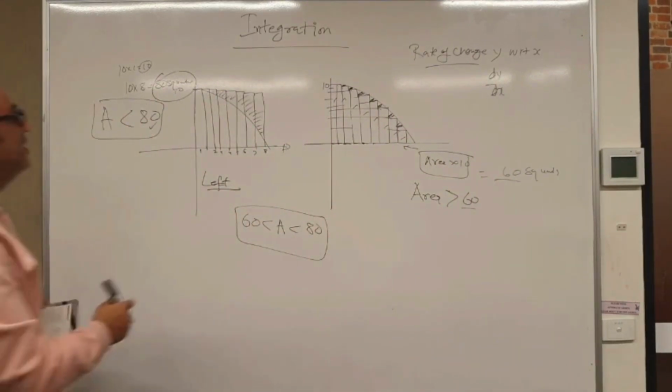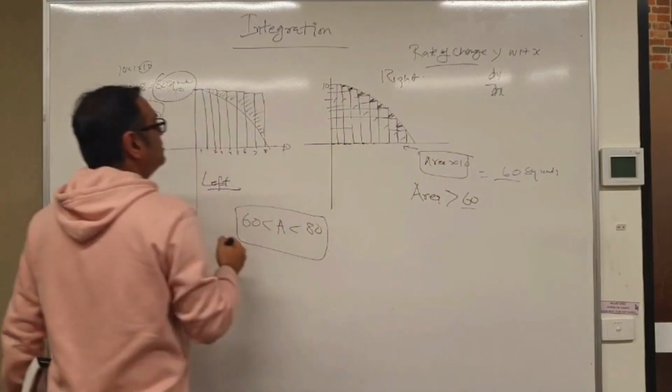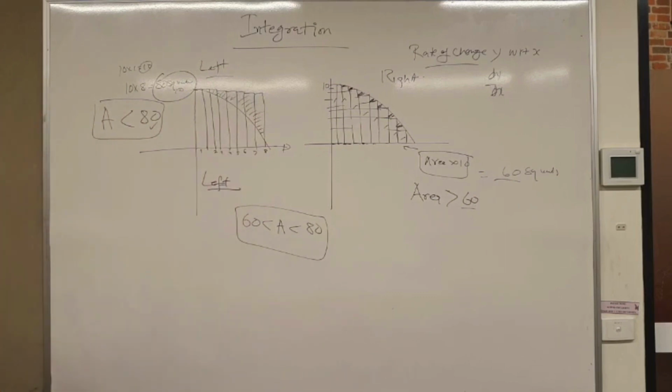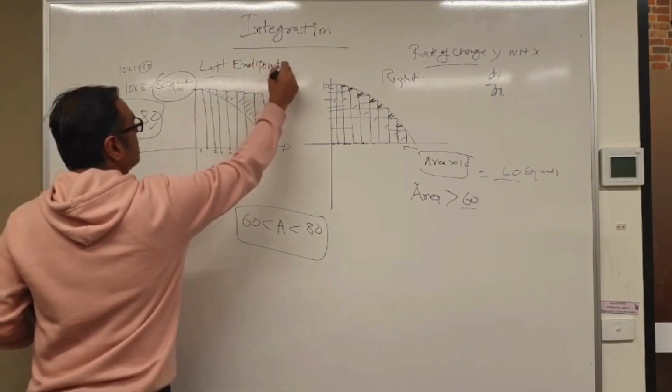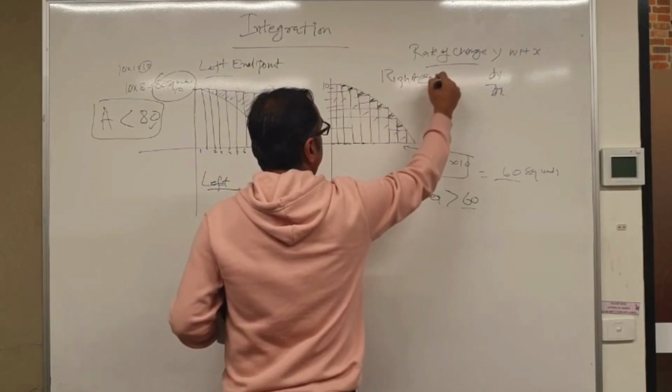So this is called the right estimation, and this is called the left estimation. Make sense? Right end point estimation and left end point estimation.